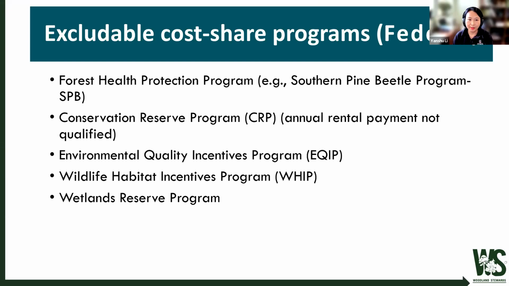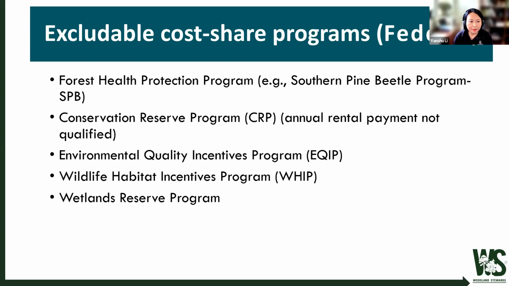So it's important for you to check with your state forestry agency to make sure that, even though they have different names, they are still qualifying programs. For example, as I know, in Georgia and Texas we have a Southern Pine Beetle program that is actually under the federal Forest Health Protection Program. Those are the qualifying cost share programs.